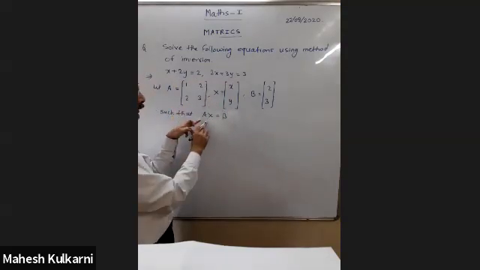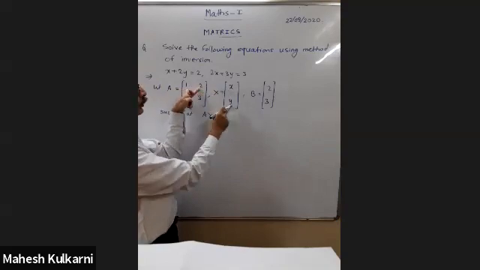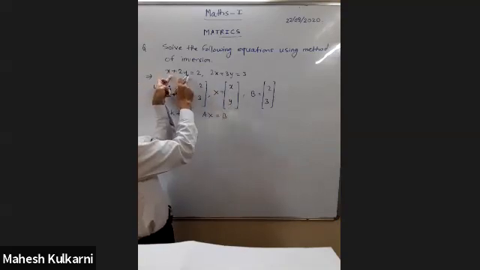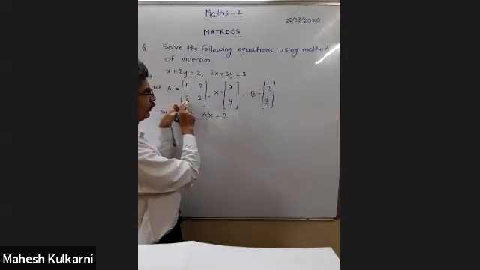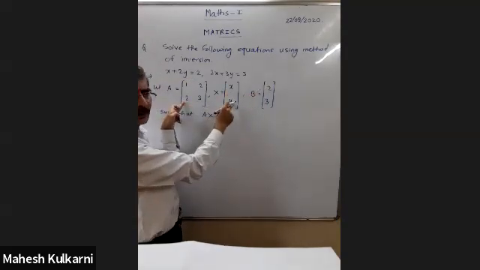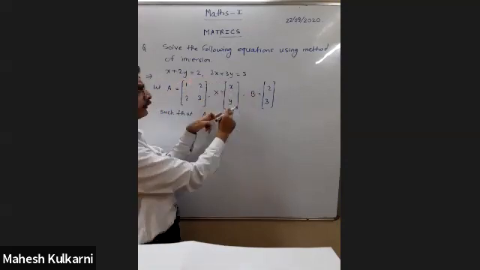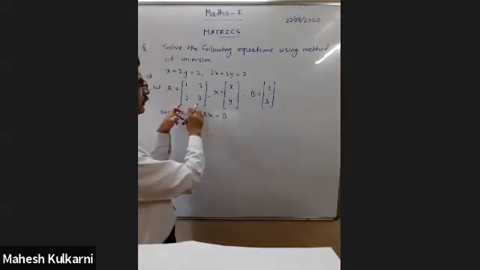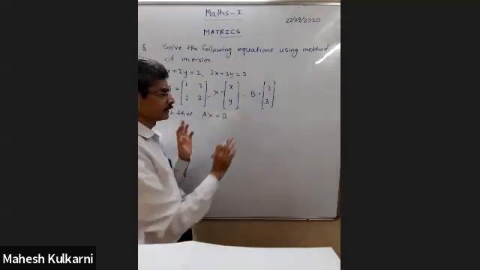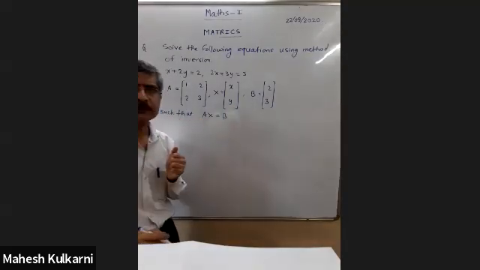So how can the multiplication be carried out here? 1 into x plus 2 into y, that is x plus 2y, equated to the corresponding element 2. Second row, 2, 3 and x, y are the elements. So 2 into x, 3 into y, that is 2x plus 3y, and on the right hand side, 3. So these are the three matrices such that AX equal to B is satisfied.